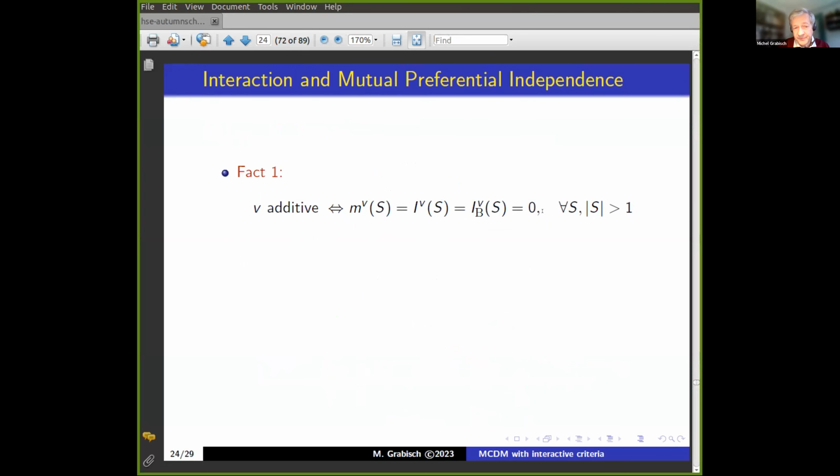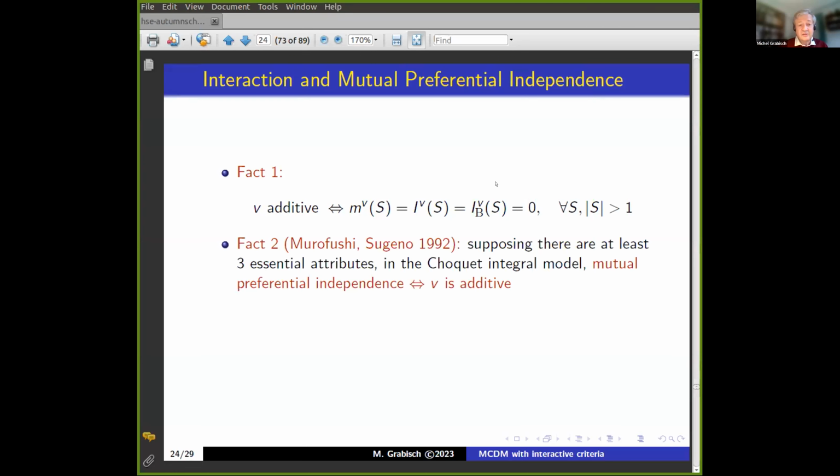And the same for the Banzhaf transform, in fact, Banzhaf interaction. And conversely, you have equivalence between additivity of the capacity and no interaction except for singletons, which is not really interaction. It's just the Shapley value.